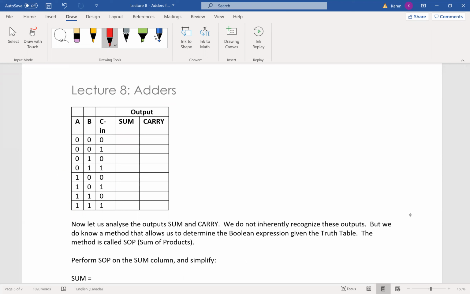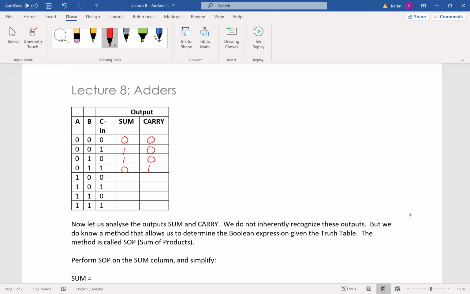0 plus 0 plus 0 is 0 carry 0. 0 plus 0 plus 1 is 1 carry 0. 0 plus 1 plus 0 is 1 carry 0. 0 plus 1 plus 1, so 1 plus 1 is 0 carry 1, remember.